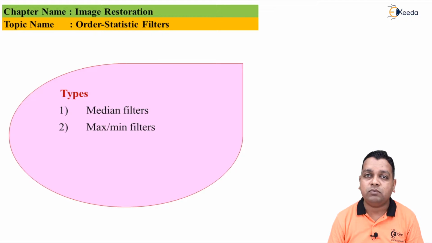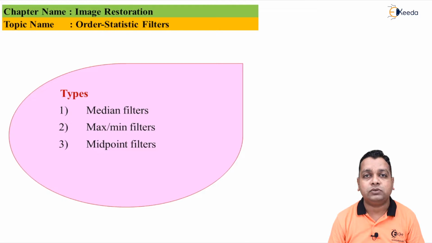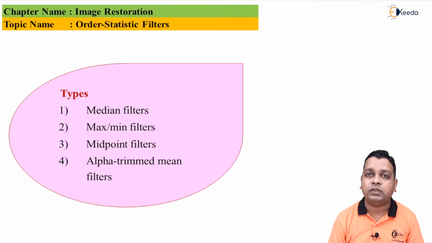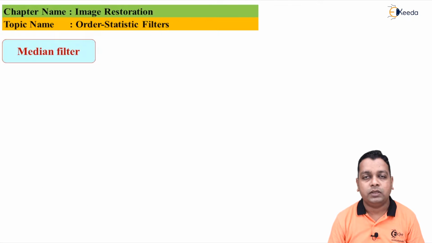In the case of the minimum filter, we can do the 0th percent of the selection. Also we can have the midpoint type of filter. Next to that we can conclude with the alpha trimmed mean type of filters. So we start with the first type, the median filter.